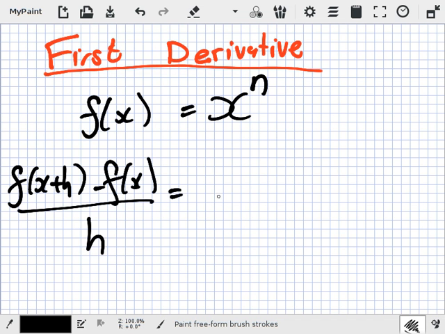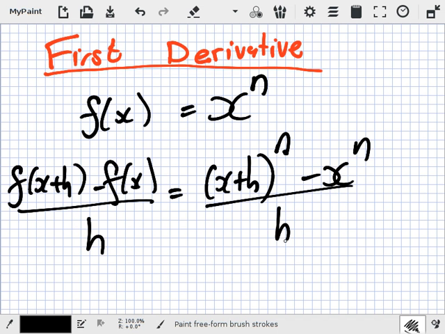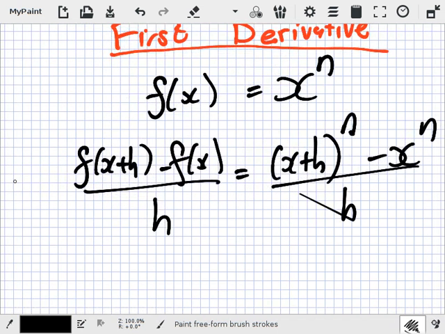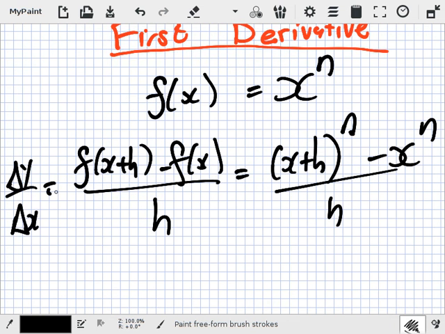So that will look like (x plus h) to the power n minus x to the n, over h. So I'll just start first by calculating the secant slope, and then I'll put the h tends to 0 at the very end after I simplify it fully. It'll take a bit of work to simplify.